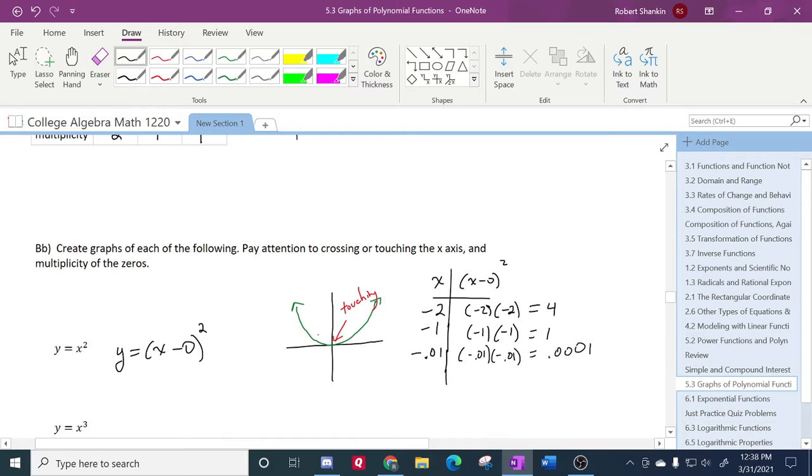But when you jump to the other side of the x-axis, and now you're at something like positive 0.01, what happens is it causes 2 changes in sign.